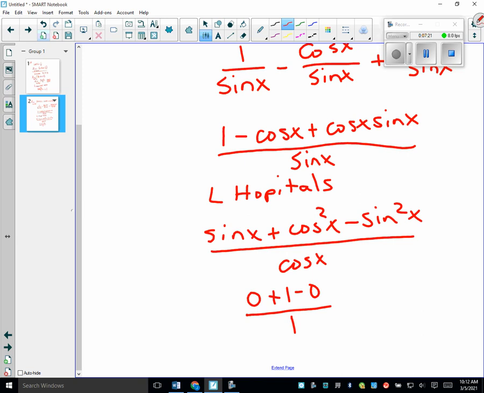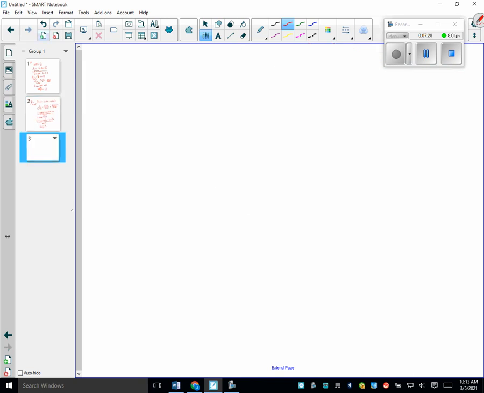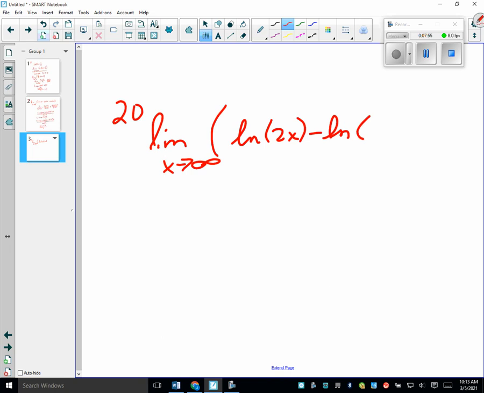Ready for 20? Yes. Number 20. The limit as x approaches infinity of 2x, ln 2x minus ln of x plus 1.